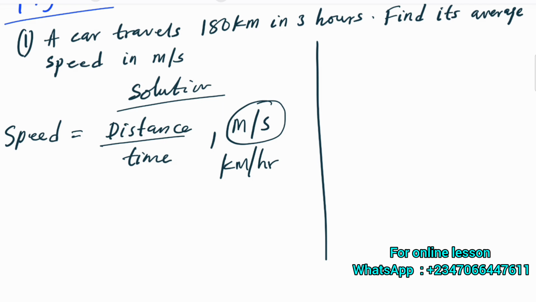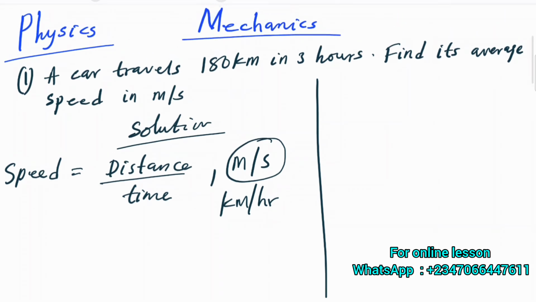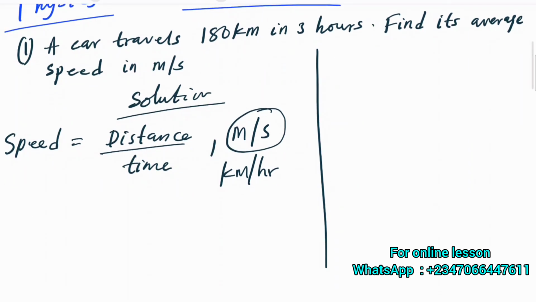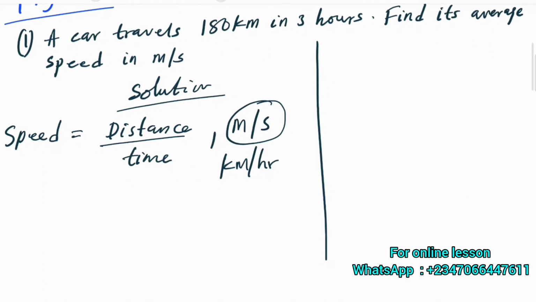And from the question here, we are given that the distance traveled is what? 180. That is distance D equal to 180 kilometers. Okay. Then what is the time? Time now is given in hours, 3 hours.